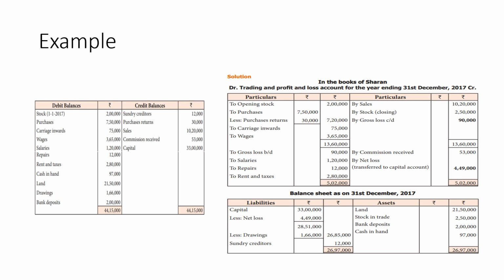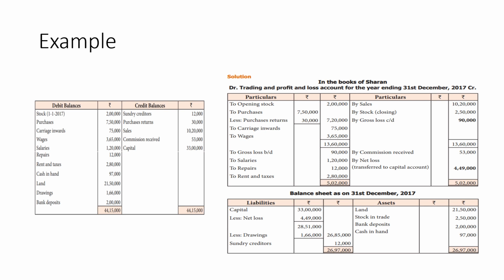Carriage inwards and wages also come on the debit side. Now sum the total value. On the credit side we have sales and closing stock. Now find the total, which is 12 lakh 70,000. Here you get 13 lakh 60,000.